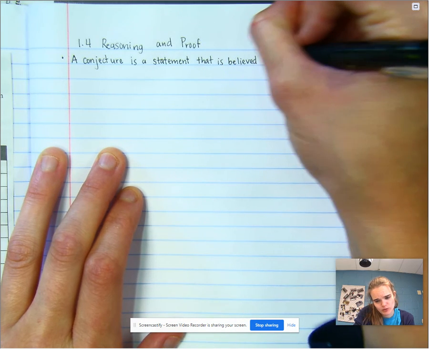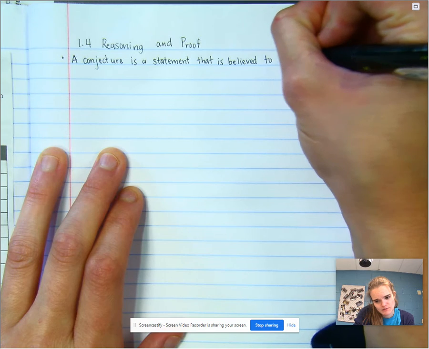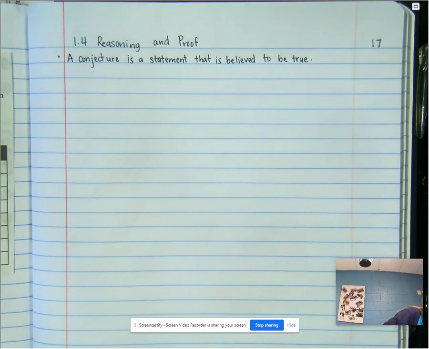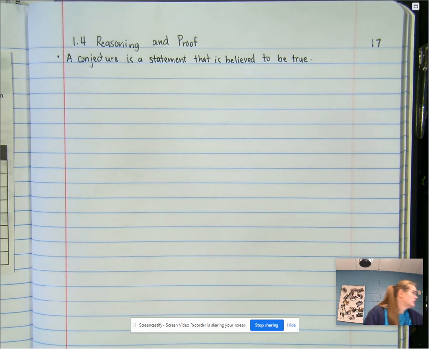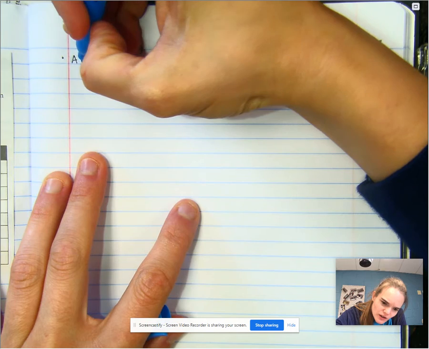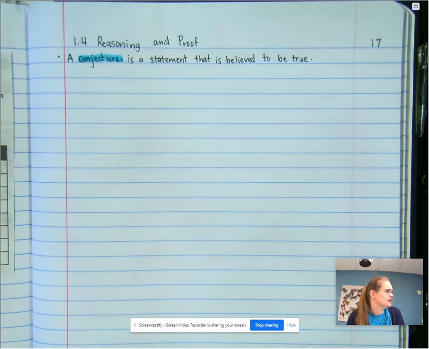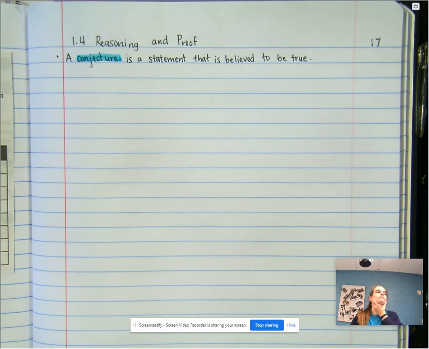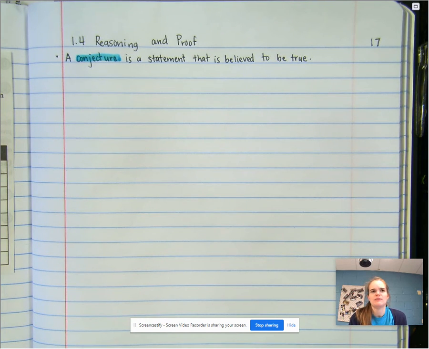I'll give you an example one. We're going to highlight the word conjecture. A conjecture is a statement that is believed to be true. For instance, let's say I made the statement, everyone in my 6th period loves math.